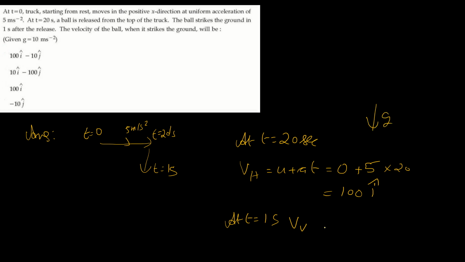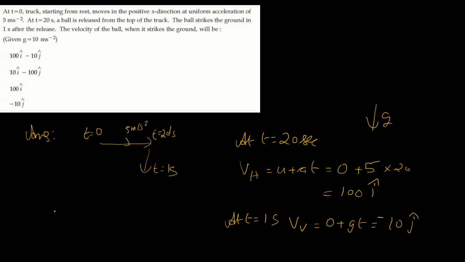Gravity, right? So 0 plus gt, since t is 1 and g is 10, and since this is going down, it will be minus j cap. Did you understand how it is minus? Since the ball is released means it is going down. That's why minus 10 j cap.